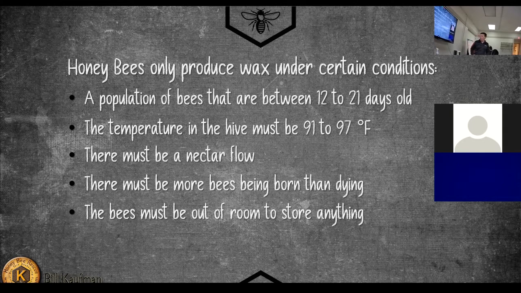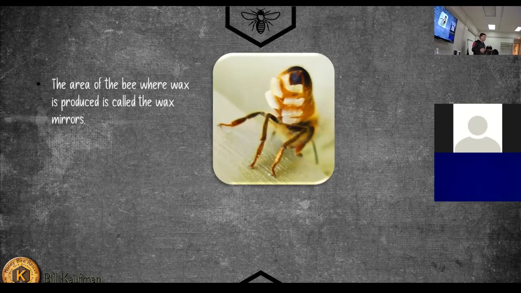So they'll do it that way, given the opportunity, but they only make longer or deeper cells to store honey, not brood. Just like they'll prefer drone cell comb over worker cell comb when storing honey or making comb to store honey.